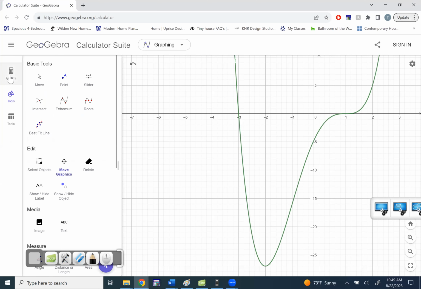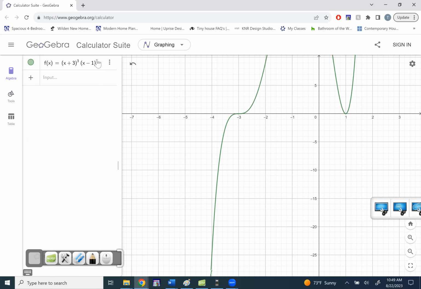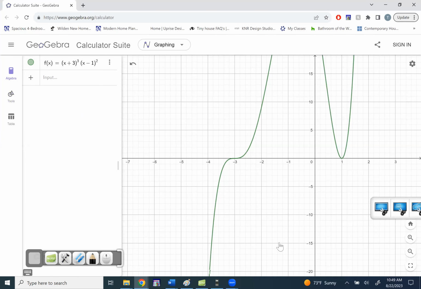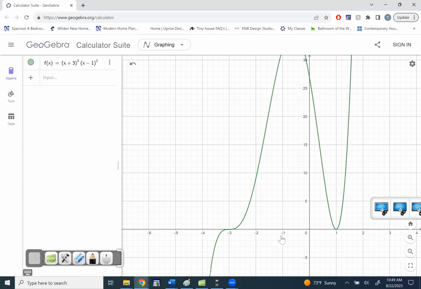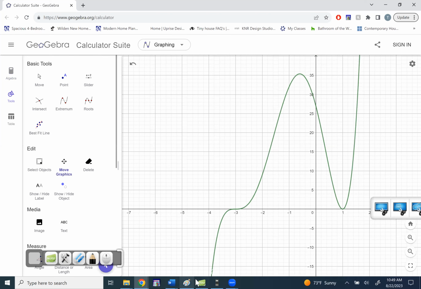Let me go ahead and change the exponent to a 3. And then let's change this one to a 2. And let's see how we did. Okay, is that how it looked?